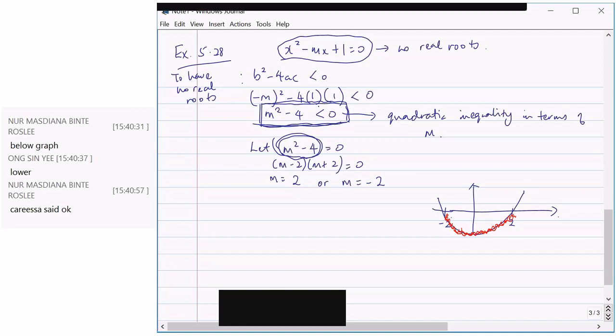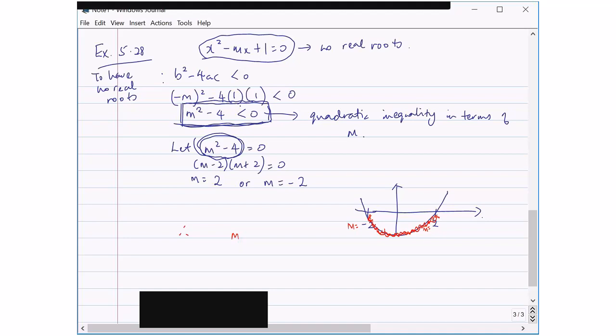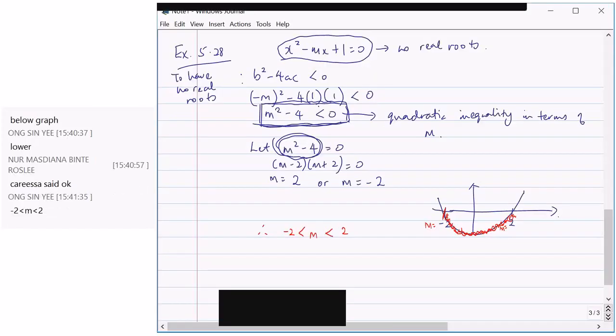So, can you tell me what are the values of x for this area of the graph that I'm interested in? Sorry, values of m, not x. Remember, we are plotting the m now. So my m must be between negative 2 and 2. So I have alligator jaw. Do I need equal sign, Xingyi?